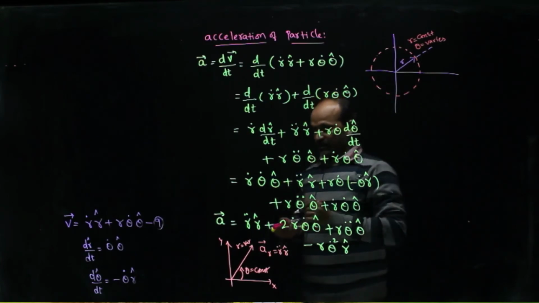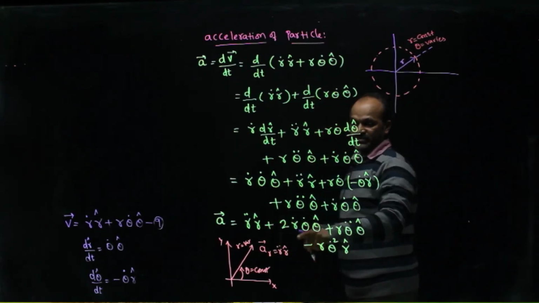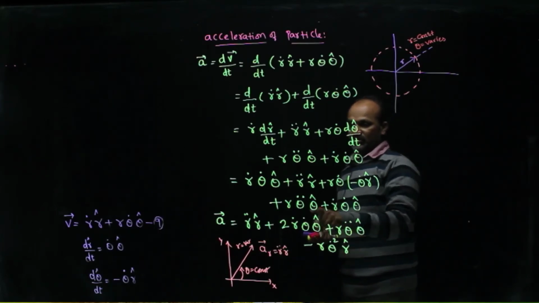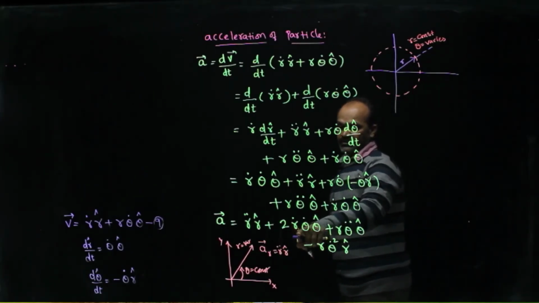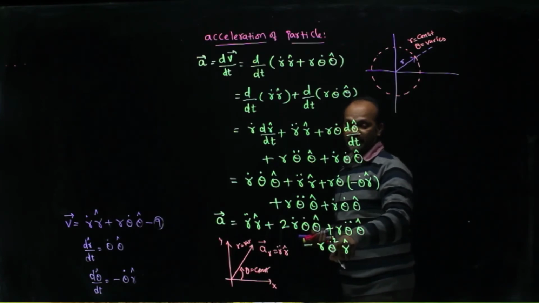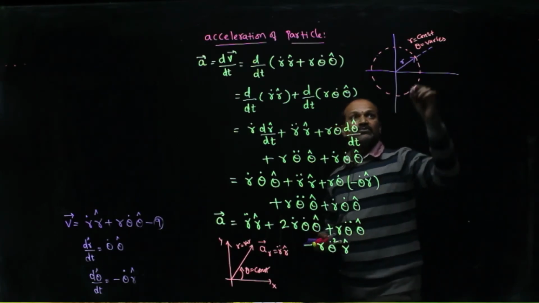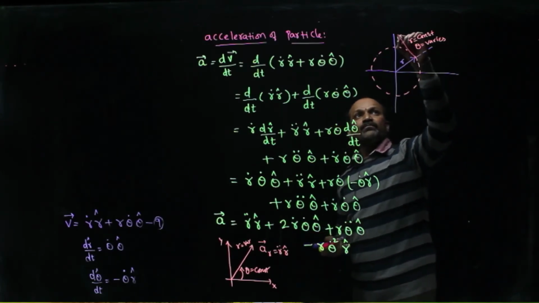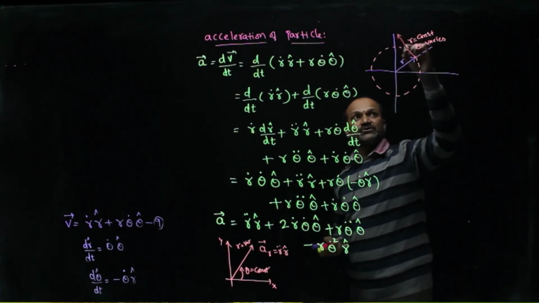In the acceleration equation, if r is constant, the first term and second term are both 0. What remains is 2 r dot theta dot, r theta double dot theta cap, and minus r theta dot square r cap. This is the linear acceleration in the tangential direction.